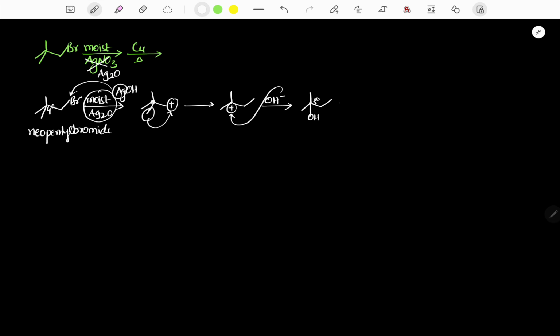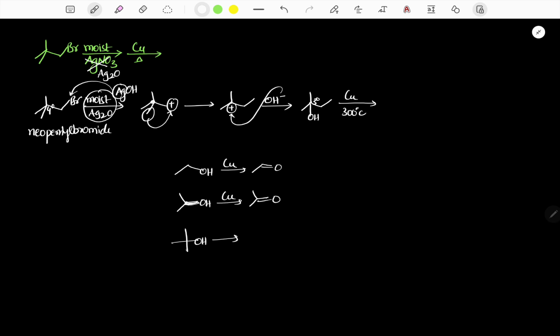Now the tertiary alcohol is treated with copper heat, temperature generally 300 degrees Celsius. Suppose a primary alcohol is treated with copper, it gives aldehyde. A secondary alcohol treated with copper gives ketone.